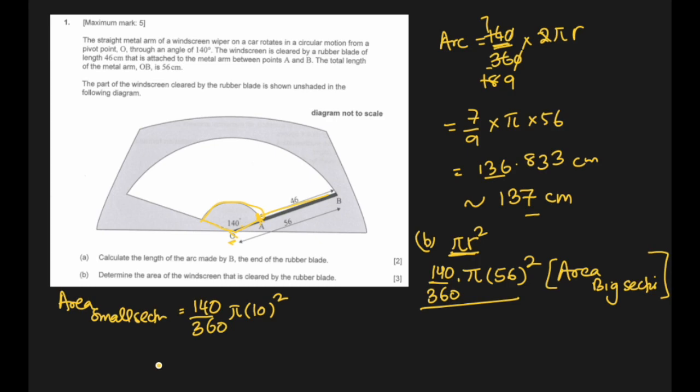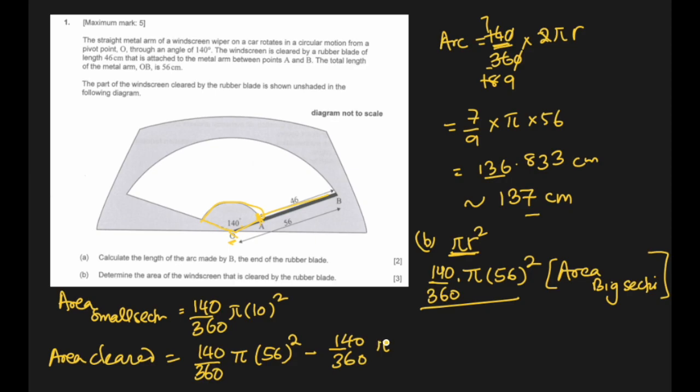So let's write them here. Area cleared will be 140 over 360 pi 56 square minus 140 over 360 pi 10 square.